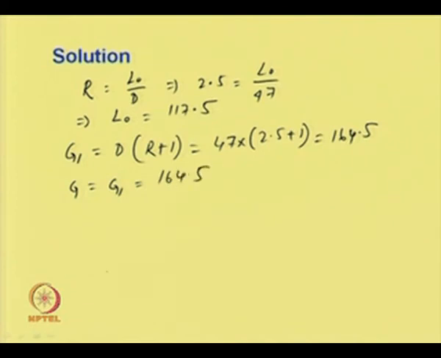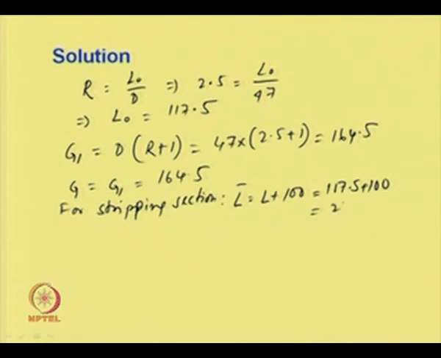So, G would be G1, which is 164.5. Now, for the stripping section, L bar would be L plus 100, which is equal to 117.5 plus 100. So, which is equal to 217.5, and G bar would be G, which is equal to 164.5.